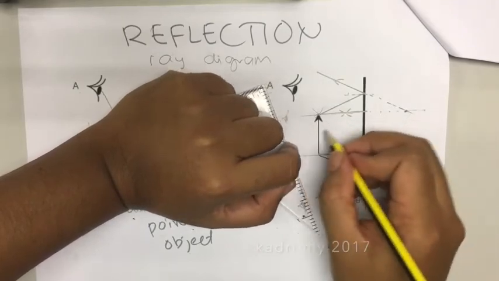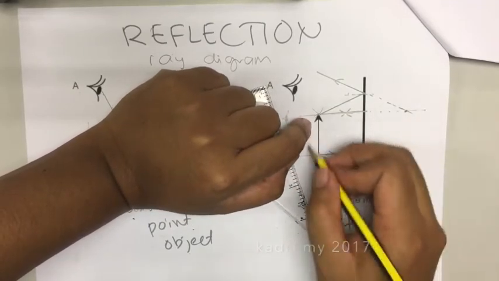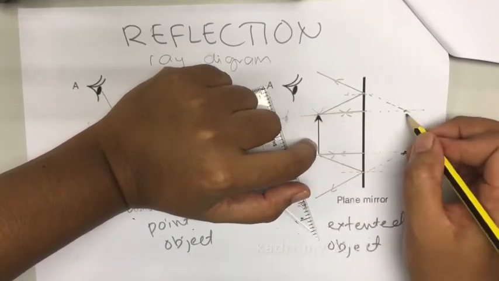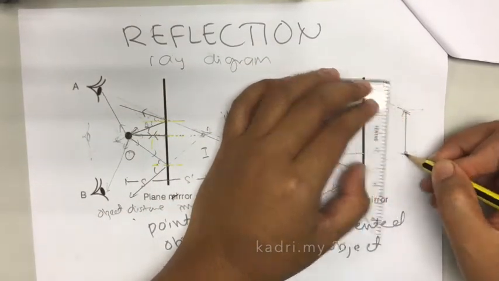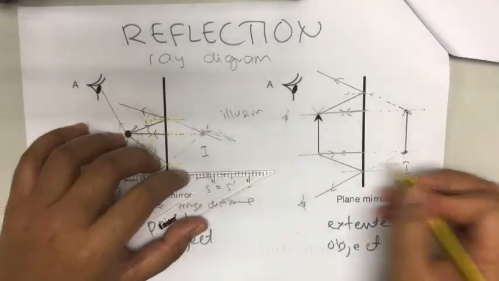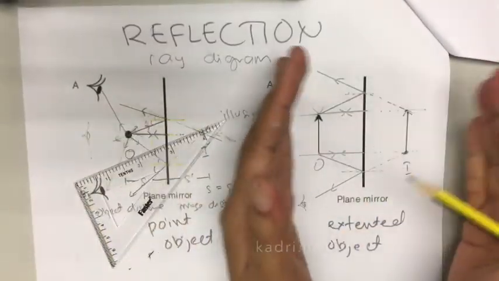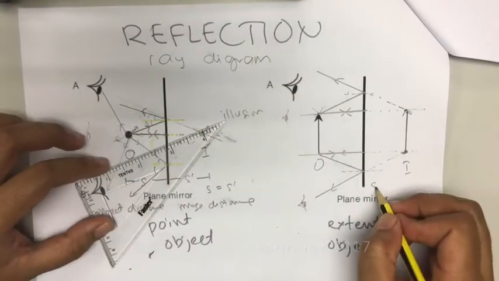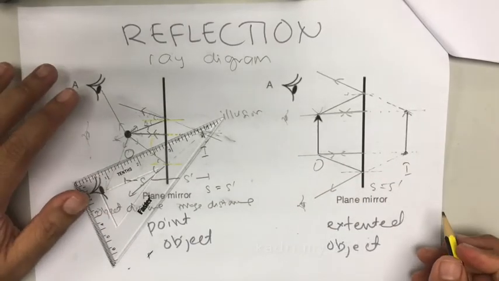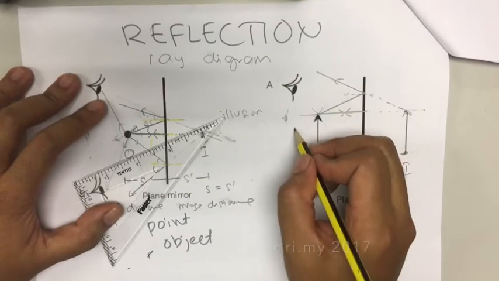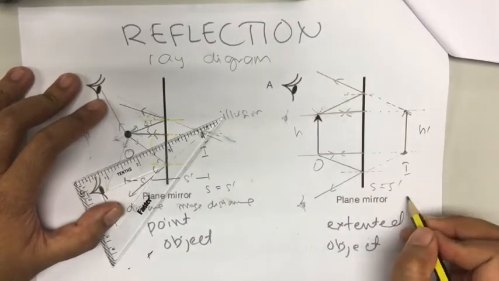So if we consider all lights from the whole part of the pen, all of them will form an image behind. So this is the image and this is the object. So we see the same thing. Then the object distance is equal to the image distance, and also the height is the same.